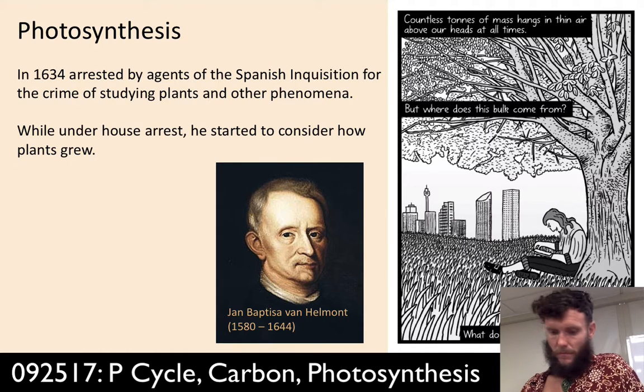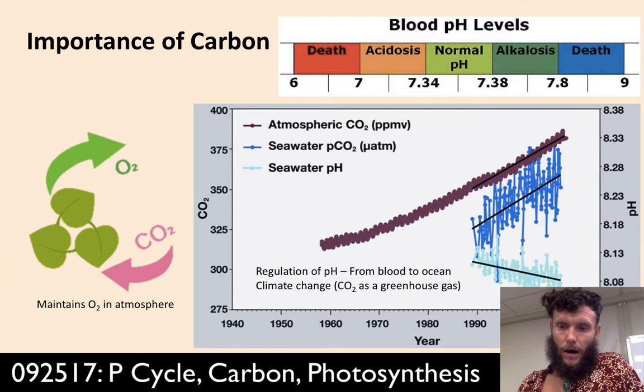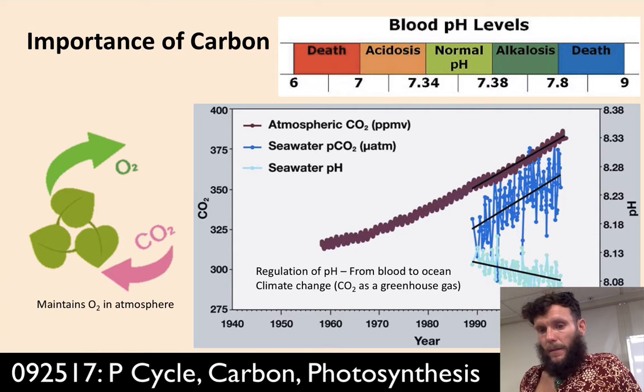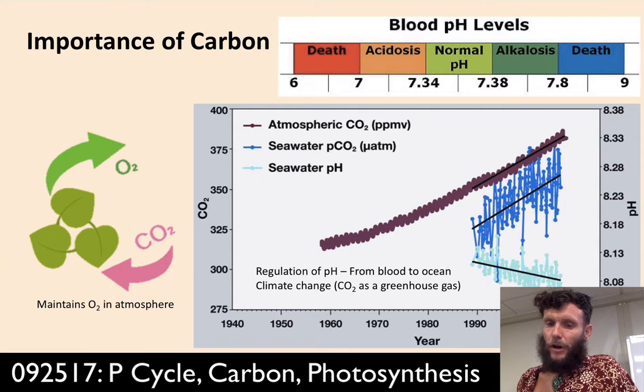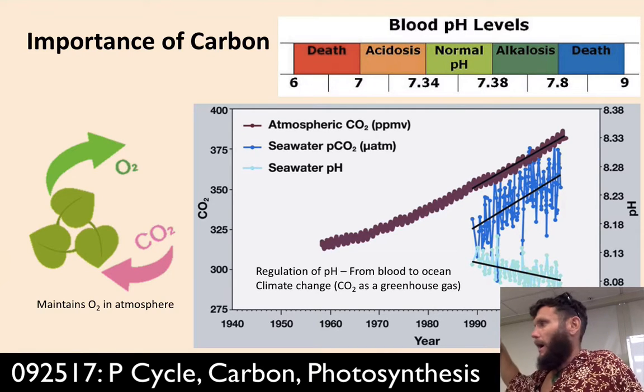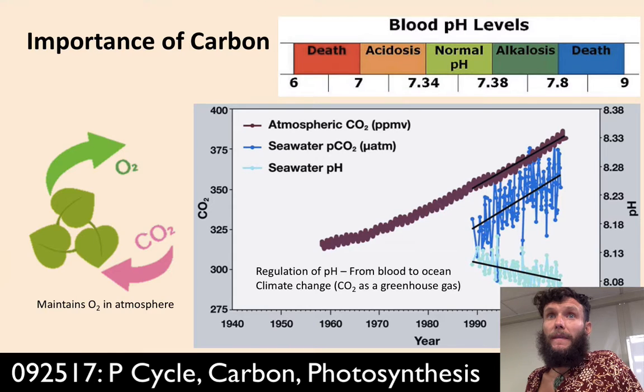Why are there so many fluctuations? This is not my data set, but the fluctuations in the burgundy line, the atmospheric up and down, look very regular. Can you guess what that is? It's seasonal. Yeah, it's seasonal.